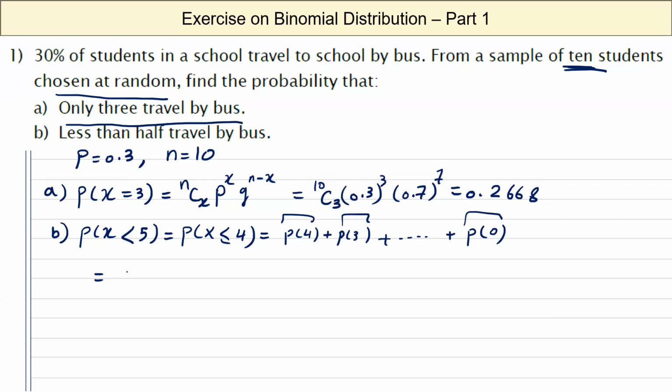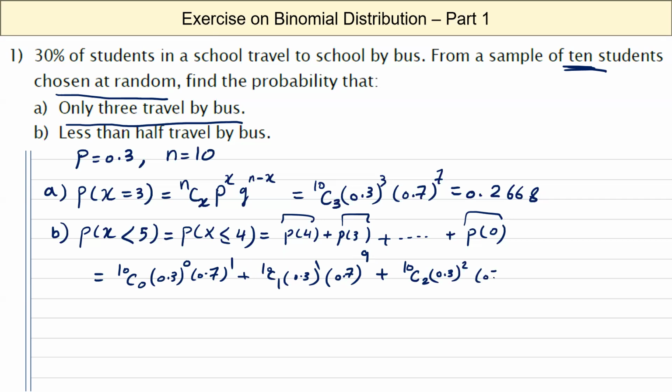So the answer will be like this: 10C0, 0.3 power 0, and 0.7 power 10, plus 10C1, 0.3 power 1, 0.7 power 10 minus 1 is 9, plus 10C2, 0.3 power 2, and 0.7 to the power of 8. Always the sum of these two powers is 10, the same as the beginning number for each term.